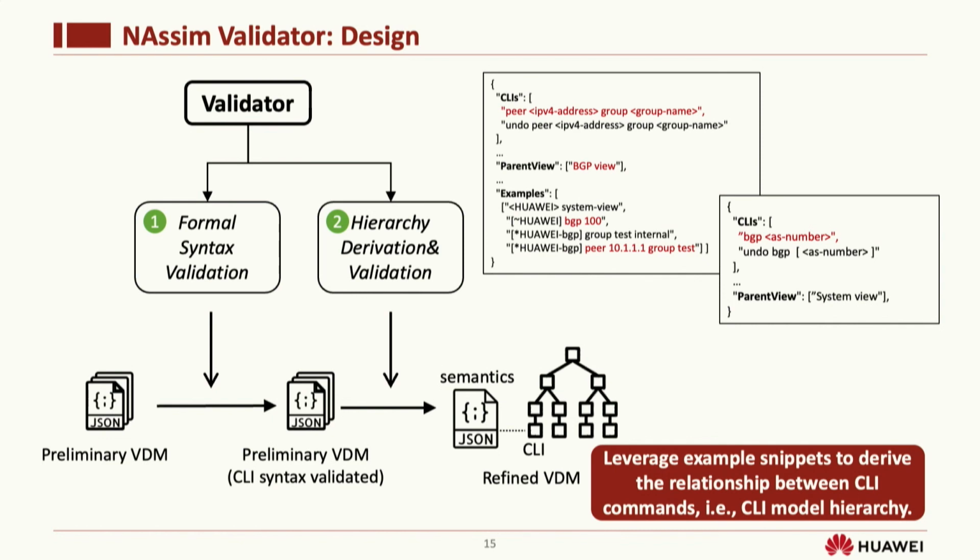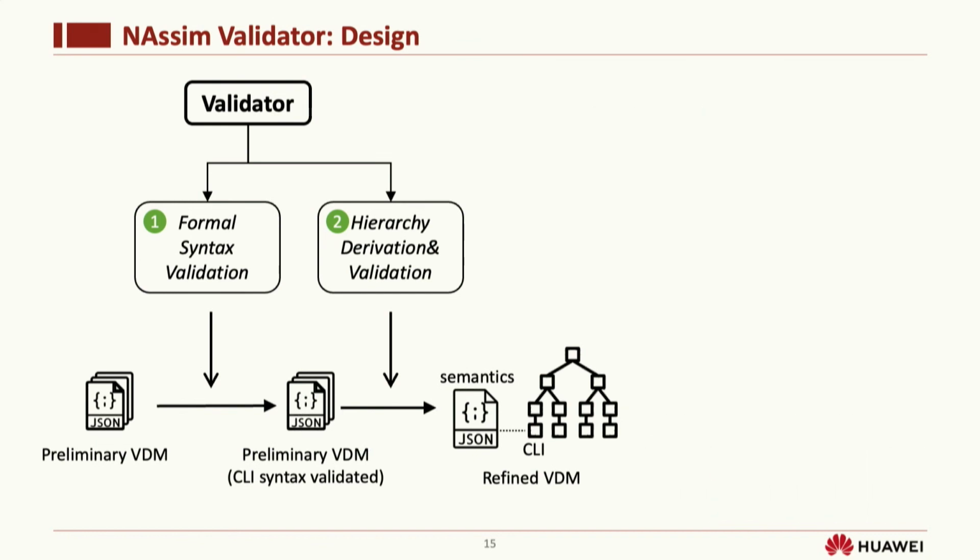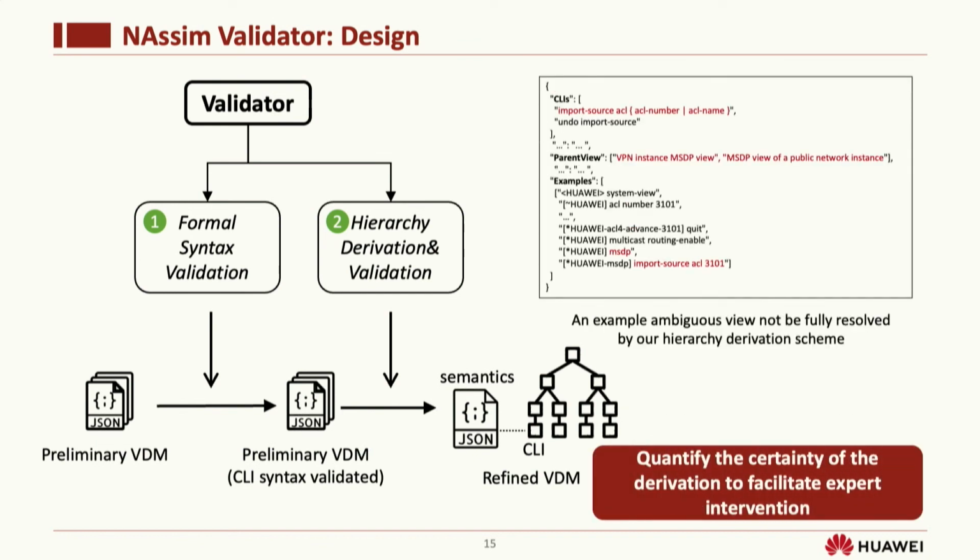So we designed a graph model to infer their relationship on the CLI template level. Please refer to our paper for more algorithm details. And for the hierarchy ambiguity, we will quantify the certainty of our derivation to facilitate the expert's audit later.